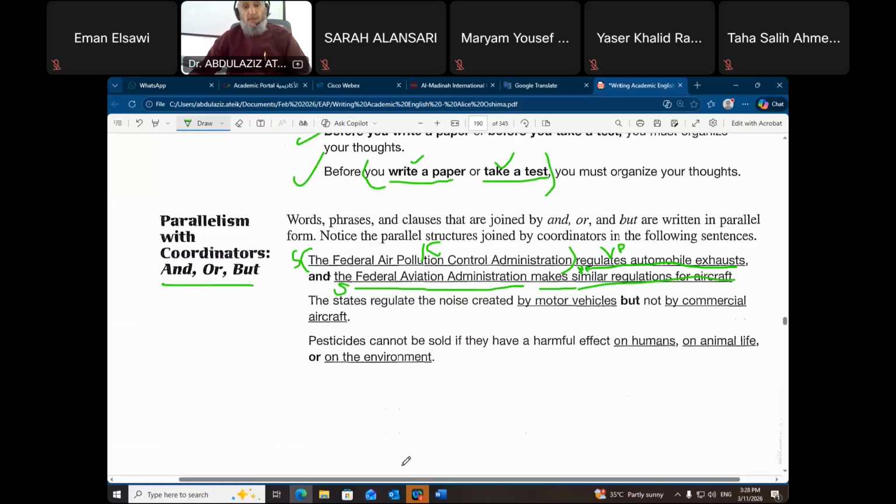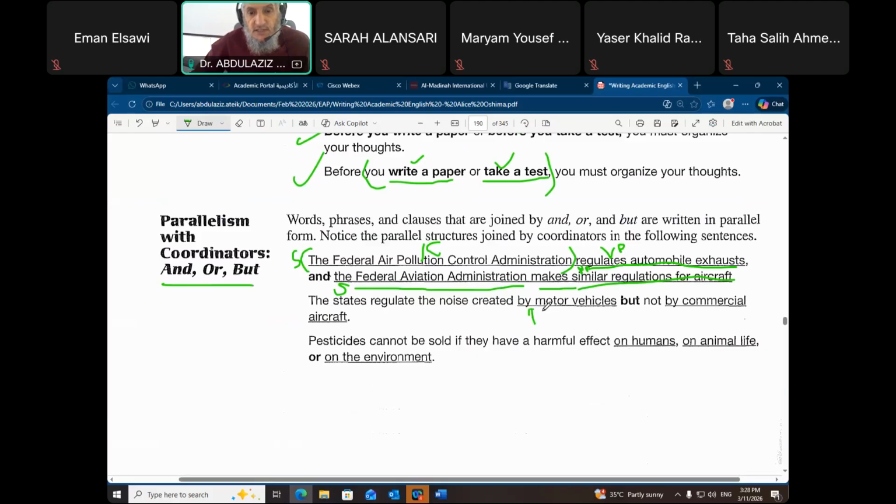Okay, so this and links between clauses. That's fine. Look at this. The state regulates the noise created by motor vehicles, but not by commercial aircrafts. What is this? Can you tell me which phrase this is? By motor vehicles? PP, doctor? PP, correct.